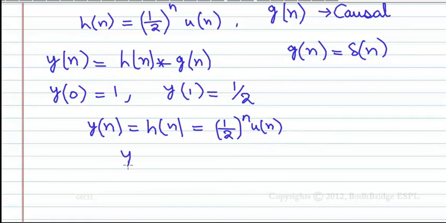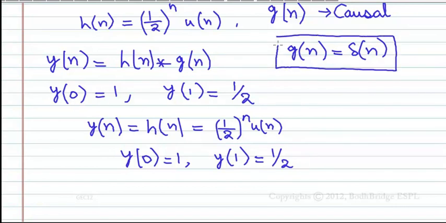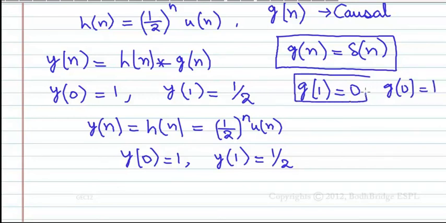Therefore, y of 0 is how much? 1. Y of 1 is equal to 1 by 2. Therefore, both are satisfied by this, meaning my g of n equal to delta of n is a correct guess. Therefore, g of 1 is how much? 0. And g of 0 is equal to 1. G of 0 is 1, g of 1 is 0 and g of any n other than 0 is 0.